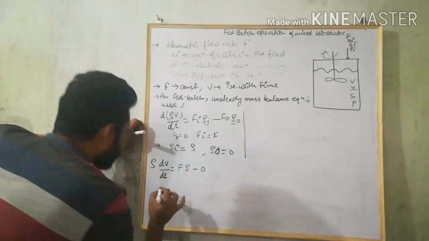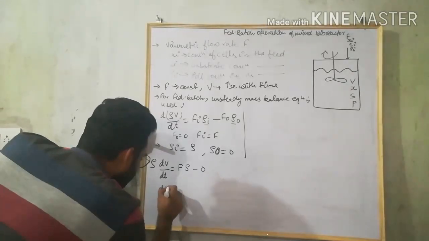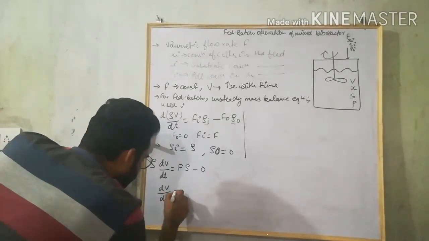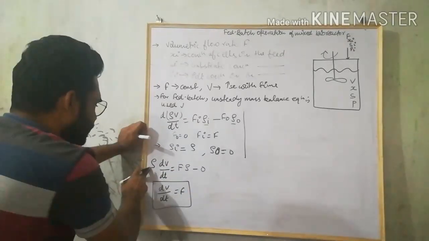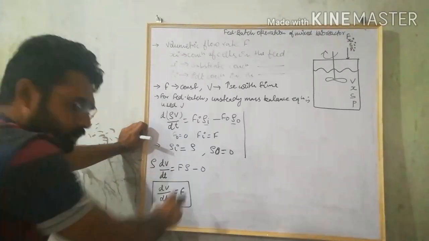So what are we going to have? We are going to have dV by dt is equal to F. This much we are going to get, because we will cancel this rho with this one.